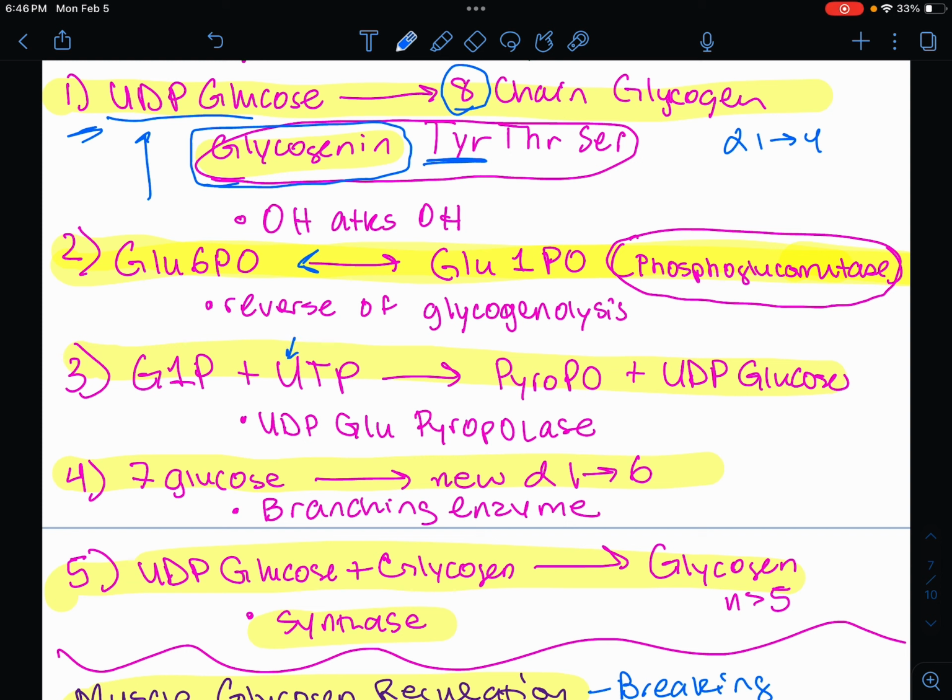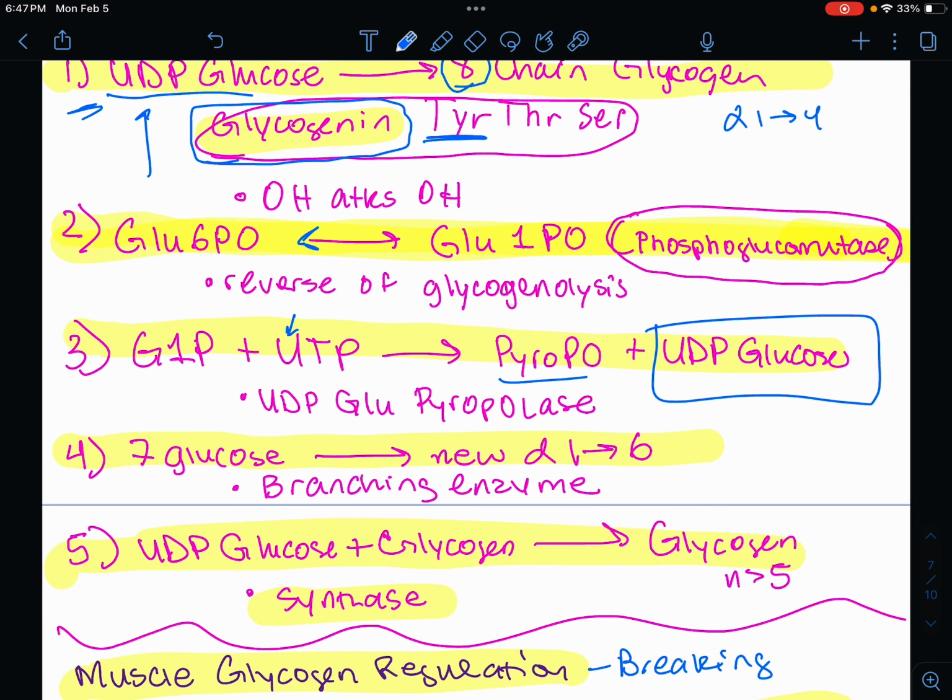This is again uracil, this U right here. And when we use this enzyme, UDP glucose pyrophosphorylase, we get pyrophosphate as well as our UDP glucose. So that UDP glucose, remember, that's one of our objectives there. We've tagged it with UDP, so we are good to go on that end.